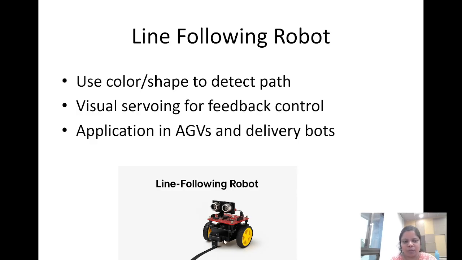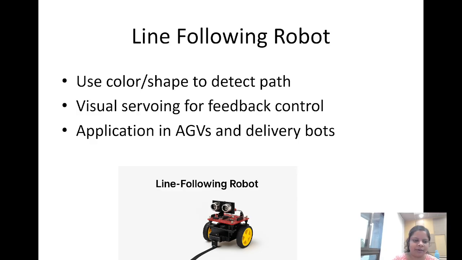By analyzing the position of the line in the camera frame, the robot adjusts its motion. It gets the input in the camera frame and then converts it into the base frame. All of those conversions happen with the help of rotation matrices. This is an example of visual servoing, using visual feedback for control. This is used in warehouse robots and delivery robots.